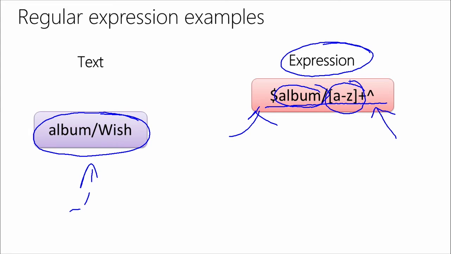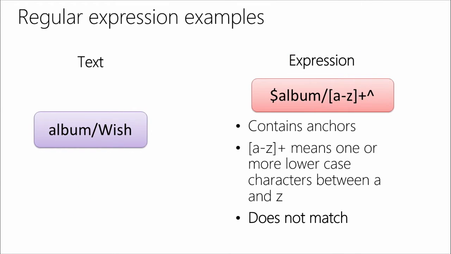Now you'll notice that this is red, and red is a nice indicator that this doesn't match. The reason it doesn't match is because it's case sensitive. I've got "wish" with a capital W, and I said lowercase a to z. So as a result, this does not match.